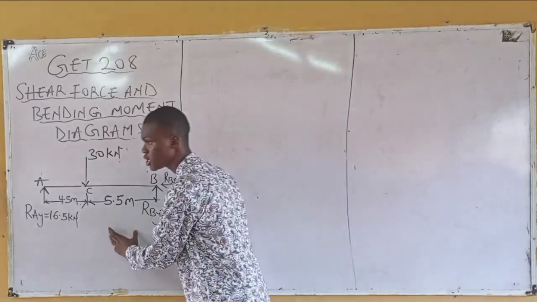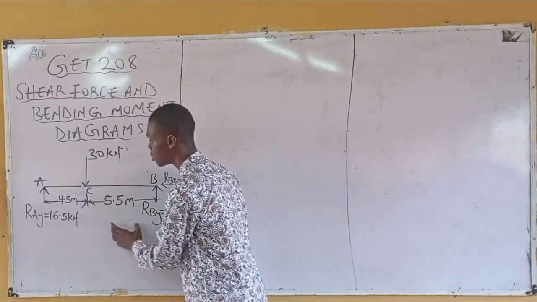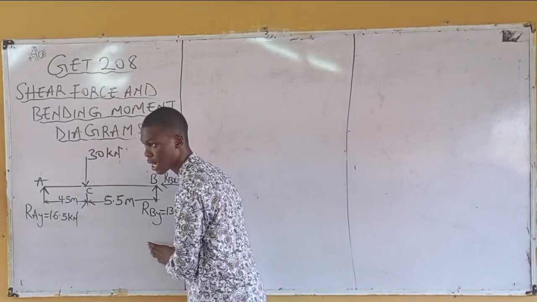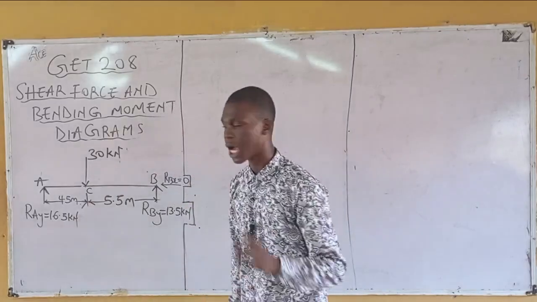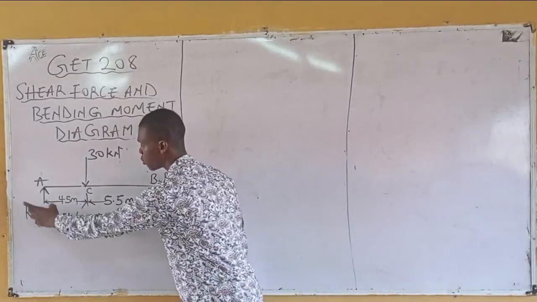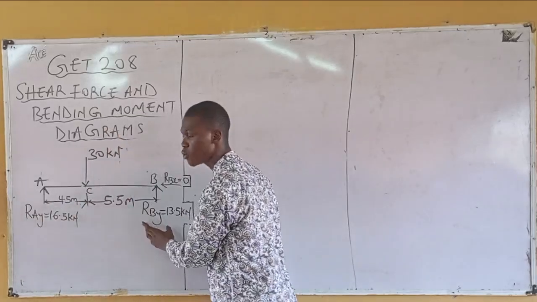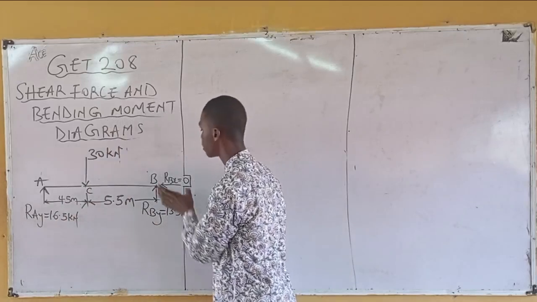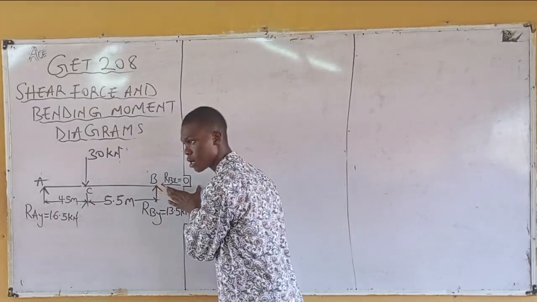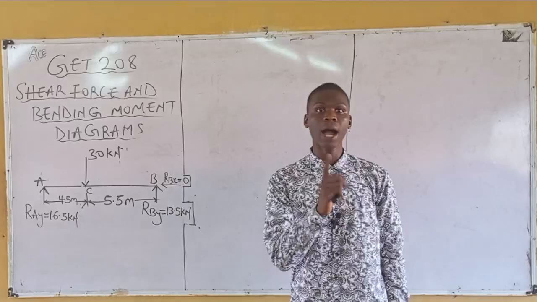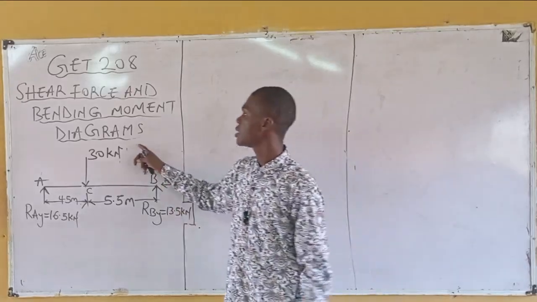This was the given beam initially. Earlier when we drew this beam, I didn't know these values yet. Now after solving, I substituted them. What's the value of RAY? 16.5 kilonewton. RBY? 13.5 kilonewton. RBX? 0.